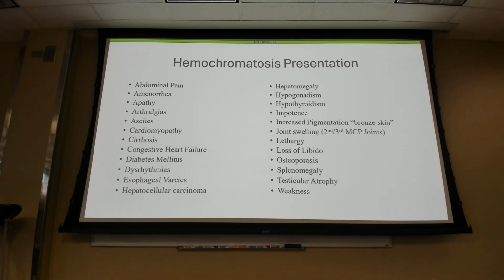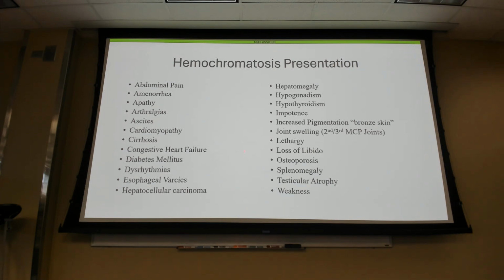All right, you've got 5 seconds. Everybody memorize this. Again, the iron can deposit anywhere, so you start thinking of all the associated things depending on the system that is affected. Abdominal pain, arthralgias, ascites, cardiomyopathies. This is one of those disorders where you have to have a high index of suspicion, and something has to trigger you, because this could be anything.